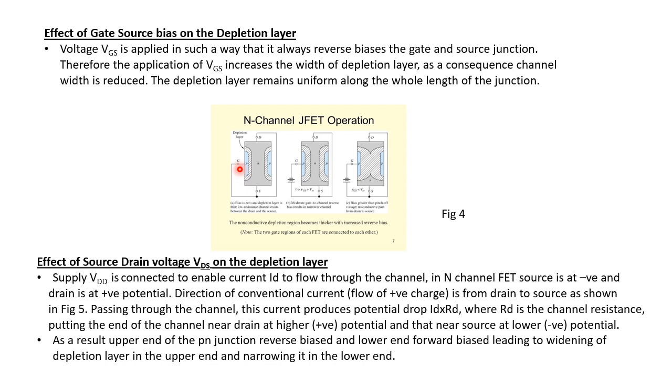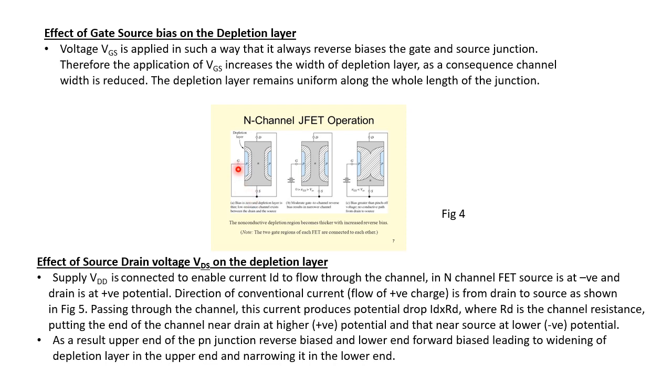So we will see that the voltage which is being applied between the gate and source will have a control over the output current. And to make this control more effective, the gate and source junction is reverse biased.